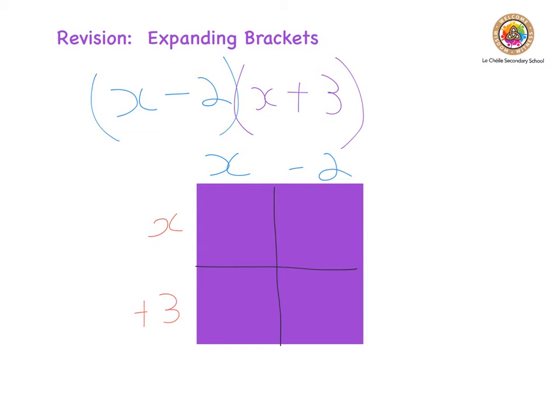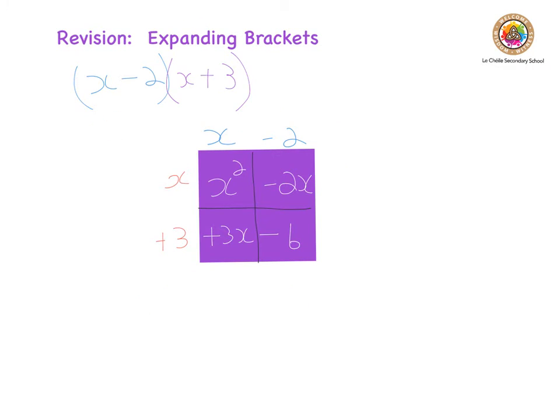So in the very first quadrant I would have said x multiplied by x, that gives me x squared. Here in this quadrant, that's x multiplied by minus 2, which gives me minus 2x. Here in the third quadrant, I have plus 3 multiplied by x, so that gives me plus 3x. And in this final quadrant, I have plus 3 multiplied by minus 2. We know a plus by a minus is a minus, and 3 by 2 is 6.